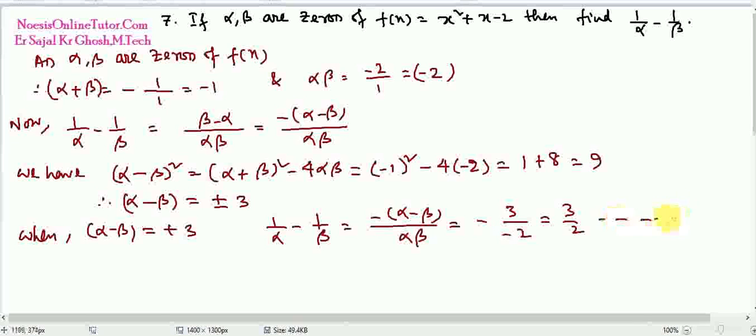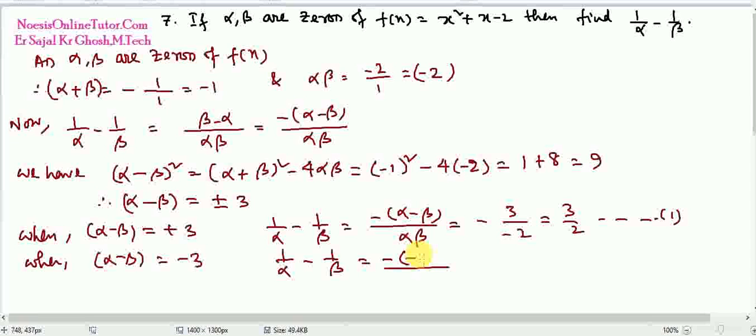This is one part. Okay, and when alpha minus beta equal to minus 3, then 1 by alpha minus 1 by beta becomes minus of minus 3 by minus 2, equal to plus 3 by 2.